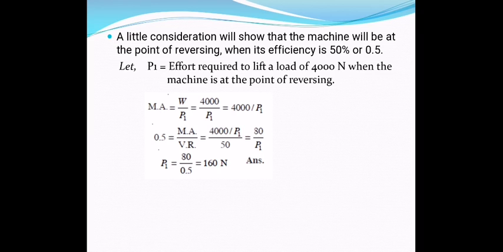Here we let P1 be the effort required to lift a load of 4000 Newton when the machine is at the point of reversing. Now what will be the mechanical advantage? W upon P1, and W you already know is 4000, P1 we have to find out. So mechanical advantage is equal to 4000 upon P1.